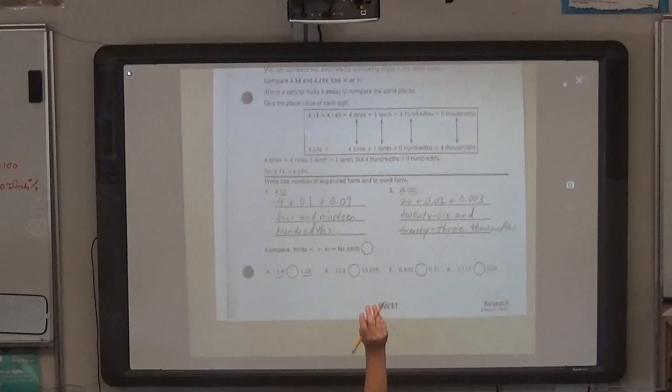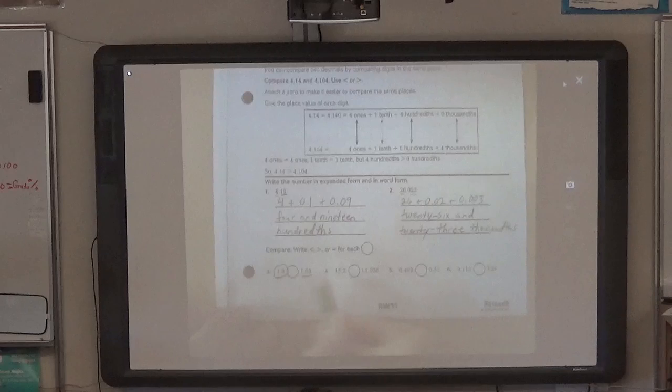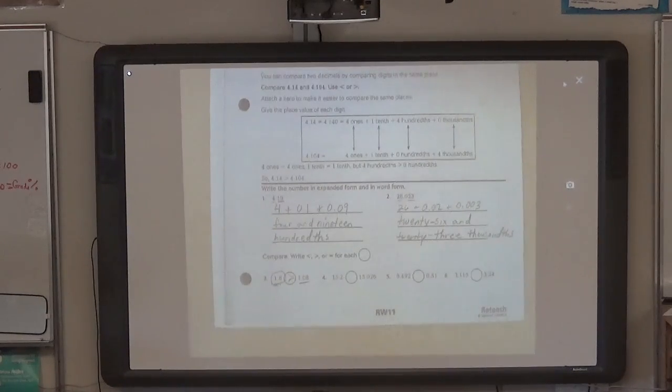Start on the left, because the digits on the left are the greatest place values. They both have a 1 in the ones place, but 1 and 8/10 has an 8 in the tenths place compared to a 0 in the tenths place. And therefore, 1 and 8/10 is greater. Okay?